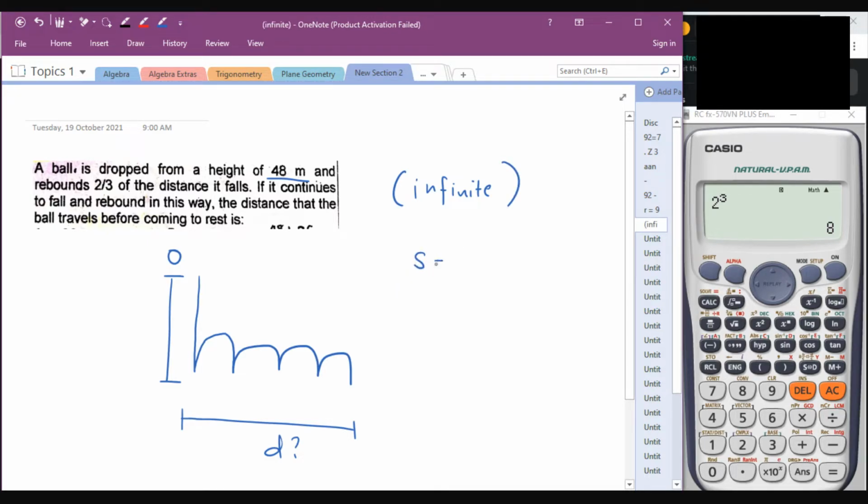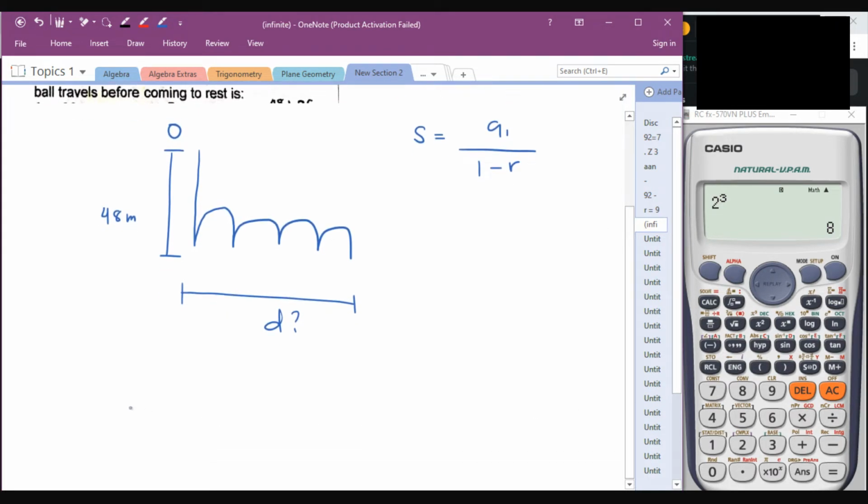S is equal to A1 divided by 1 minus R. Ang naging common ratio mo dyan ay 2/3 of the distance it falls. Pero, syempre, kasama din yung height na itinravel niya and that is 48 meters. So, the total distance it traveled is the infinite geometric sequence A1 over 1 minus R.